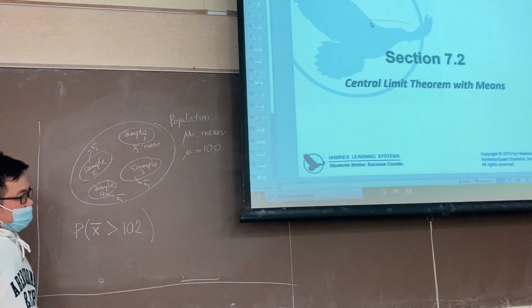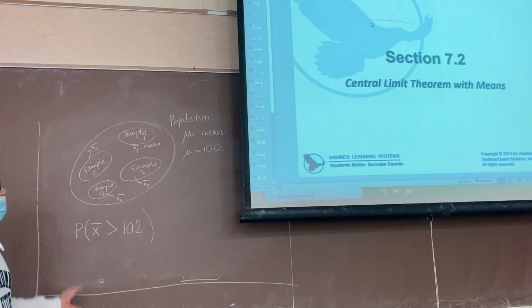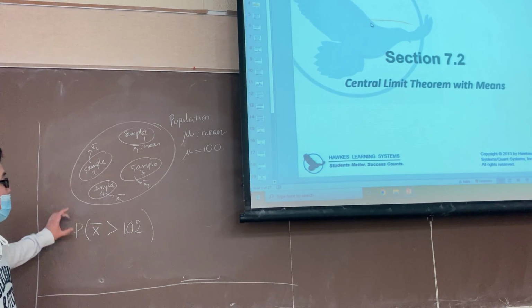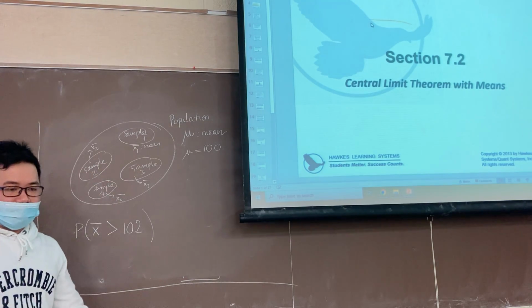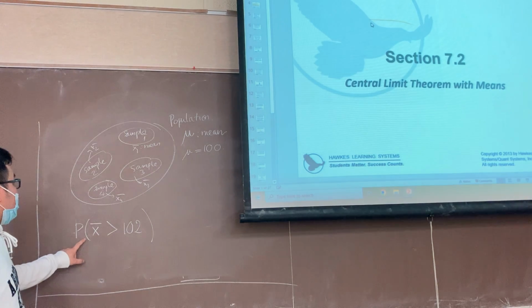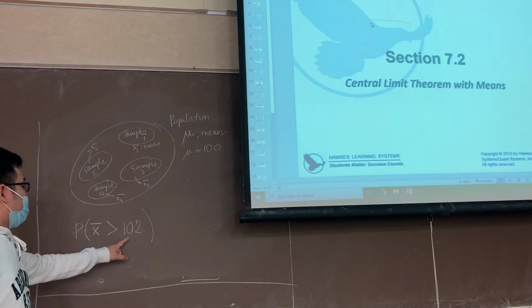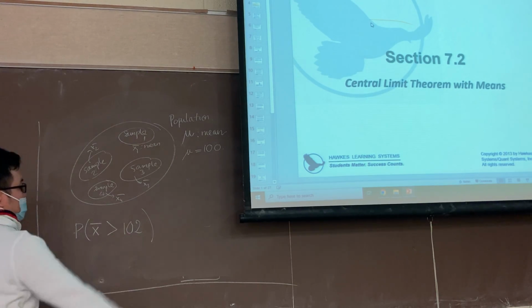How to calculate this probability? What is the chance of this? I choose randomly one sample, and I want to know the probability that the sample mean is greater than 102, for example.